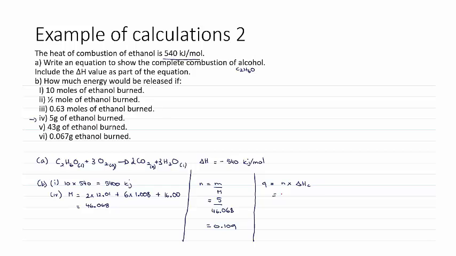So the number of moles is 0.109, and the amount of heat released when 1 mole of fuel burns, in this case, is 540. So that works out to be 57 kilojoules.